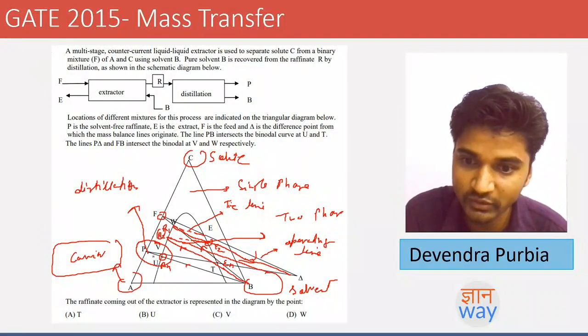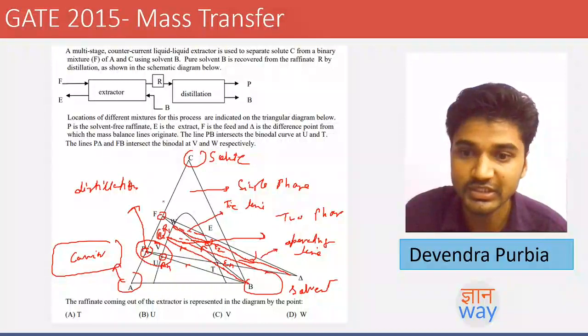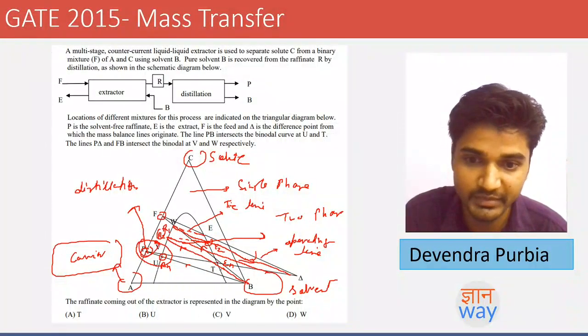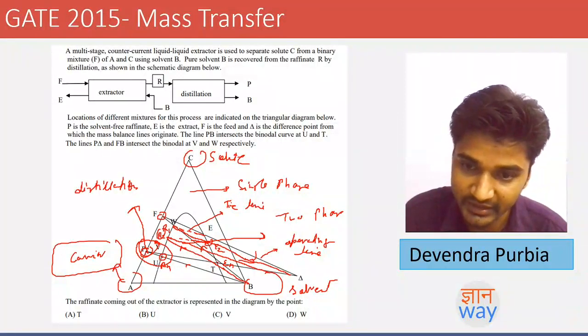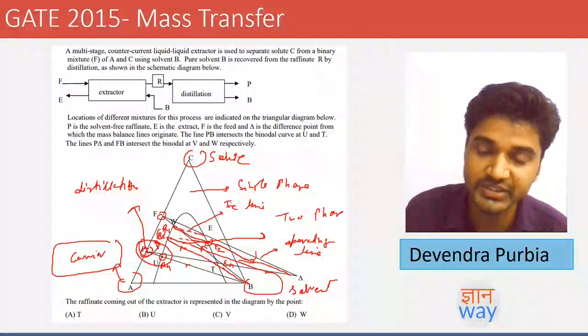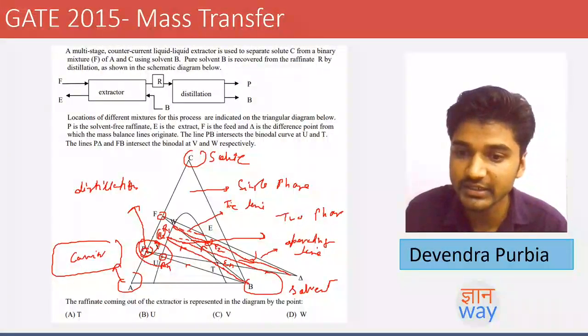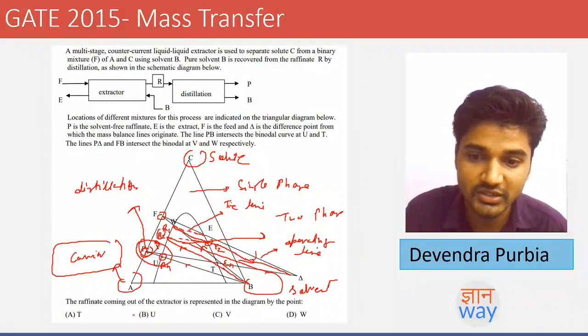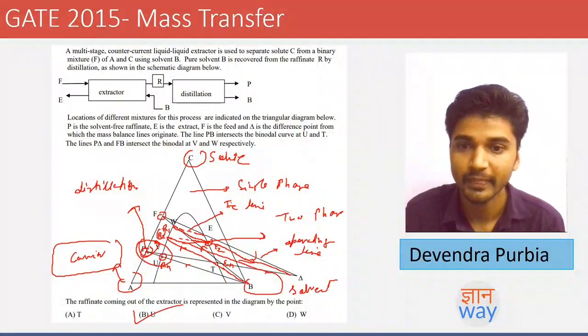Now from here to here, B is separated using distillation, and P contains only A and C. So this is our main product, and B is separated. This part denotes the distillation part, and the other part is where the multi-stage extraction is taking place. So from this we can clearly say that the raffinate coming out is denoted by U. It is this raffinate part.